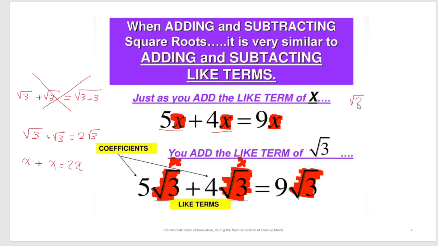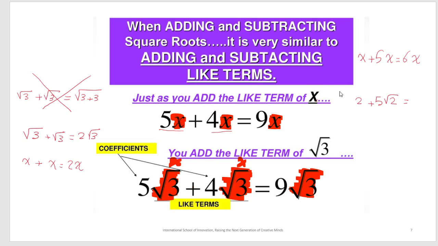Another example. I write it on the right side. Radical 2 plus, for example, 5 radical 2. What will the answer be? It's the same as x plus 5x. It is 6x. 1x plus 5x is 6x. Radical 2 plus 5 radical 2, it's the same as saying 1 radical 2 plus 5 radical 2. Radical 2 is the common term here.